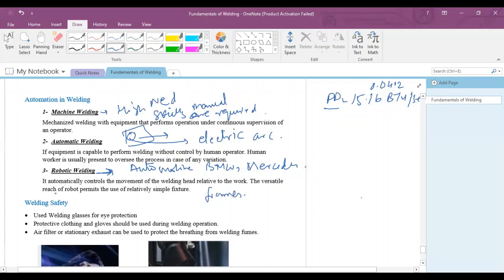A robot can weld the frame automatically. They can weld spots. They can weld seams. These three are machine welding, automatic welding, and robotic welding. These are commercial welding or automation in welding.